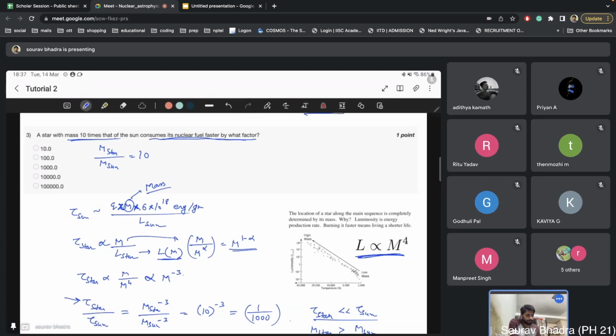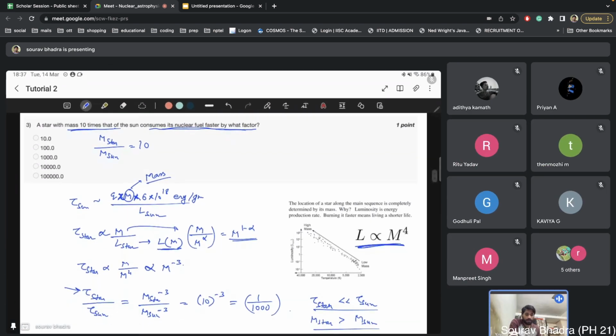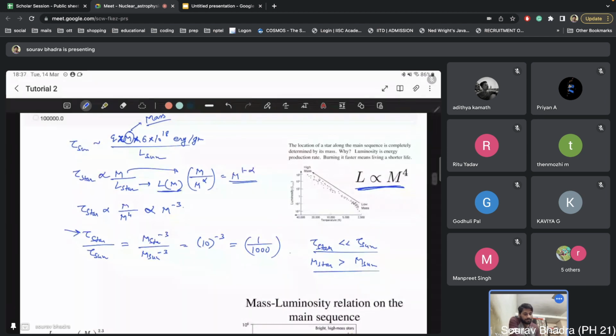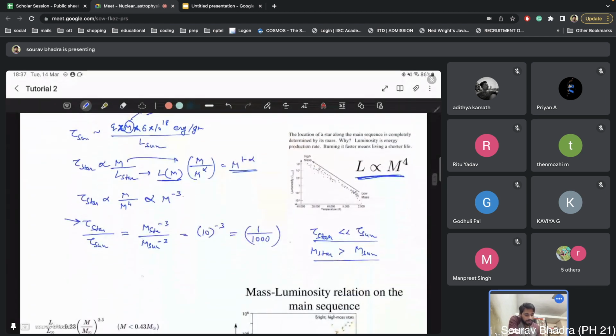Okay, now coming to that part. As I was telling, if a star's lifetime is lower, that means it is burning its fuel at a higher rate. So the burning rate will be inversely proportional to the lifetime.